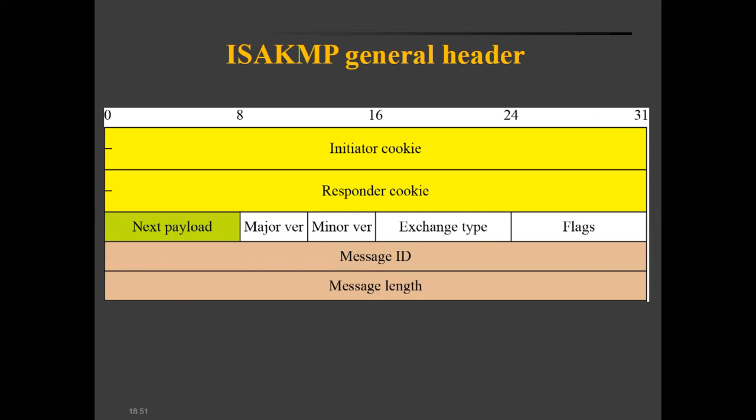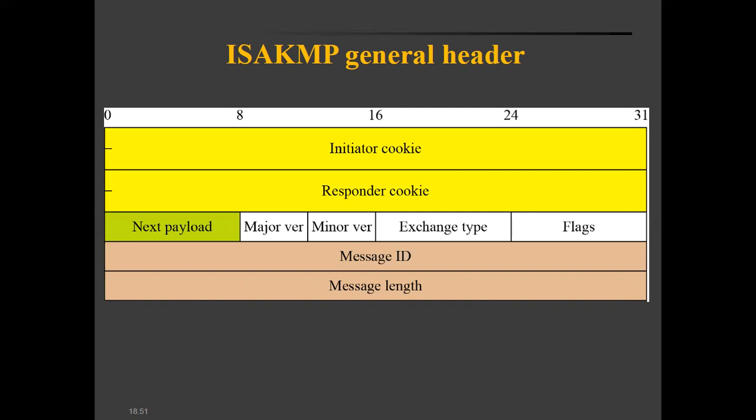This is a 4-bit field which defines the major version of the protocol. Currently, the value of this field is set to 1. This is IKE version 1. Then the next one is the minor version. This is a 4-bit field which defines the minor version of the protocol, and currently the value of the minor version is 0.